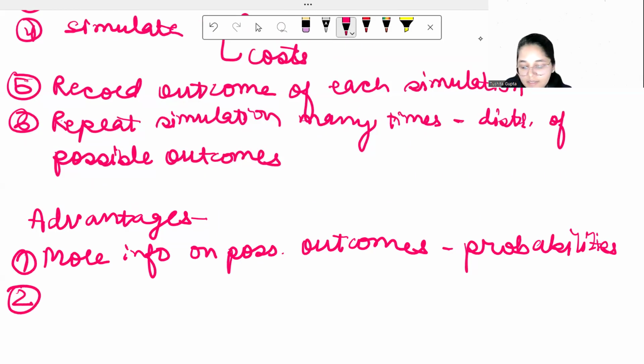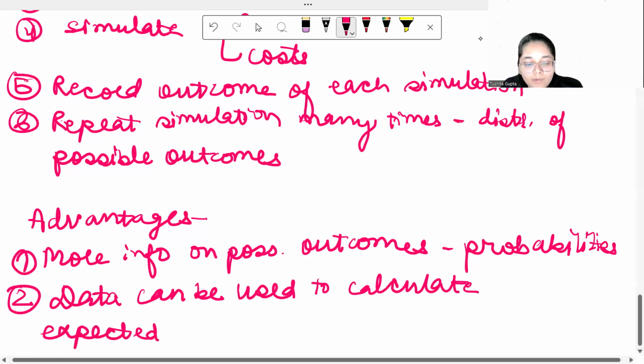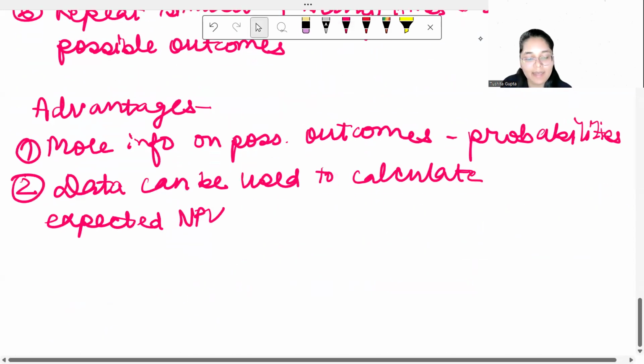Another advantage over here is that your data can be used to calculate your expected NPV. Now what is expected NPV? Where you are applying probabilities to NPV, that is how you calculate an expected NPV.